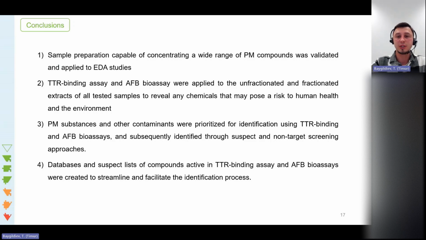PM substances and other contaminants were prioritized for identification using those two assays and subsequently identified through suspect and non-target screening. We also created a database and suspect list of compounds that are active in those assays, which helps to streamline and facilitate identification processes.